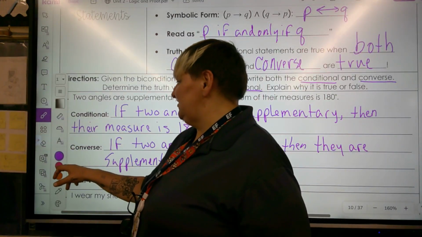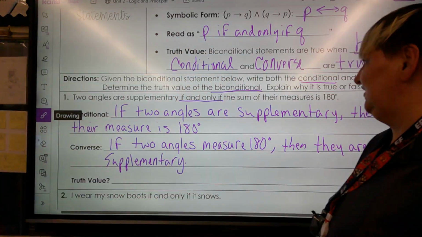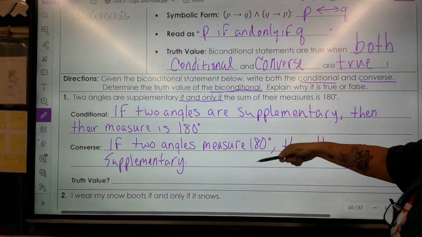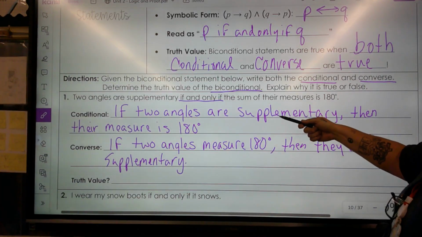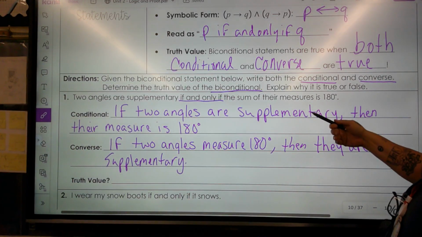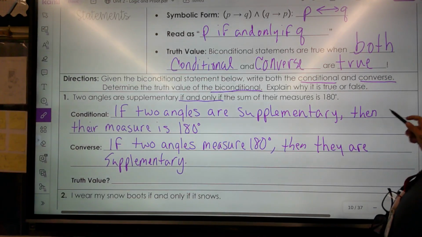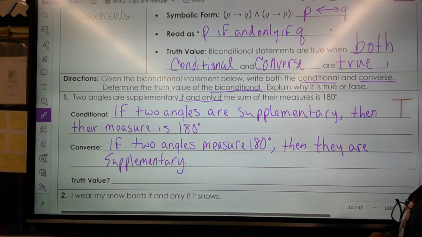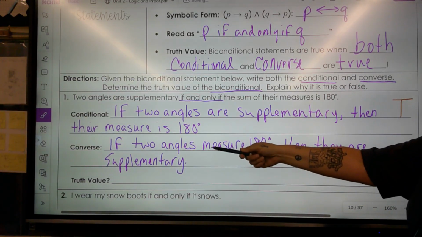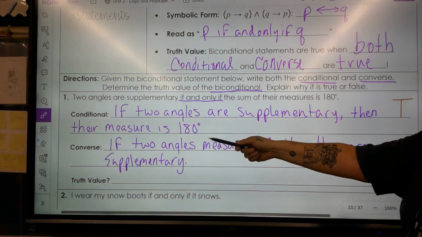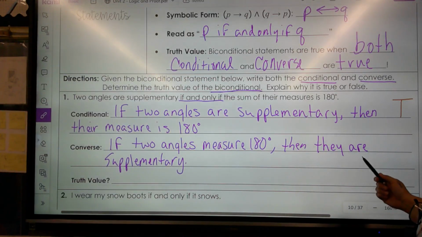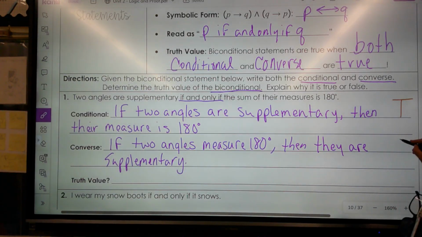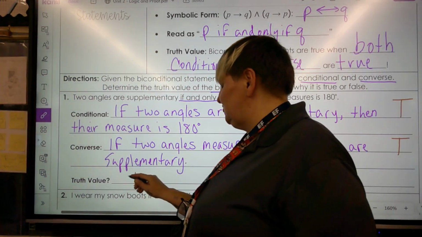Now, in order for us to decide the truth value of a biconditional, we have to determine if they're true or false. So, the conditional, if two angles are supplementary, then their measure is 180 degrees. True. The converse, the flip, if two angles measure 180 degrees, then they are supplementary. Also true. If both of them are true, then the truth value is true.